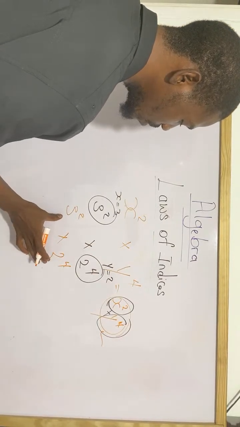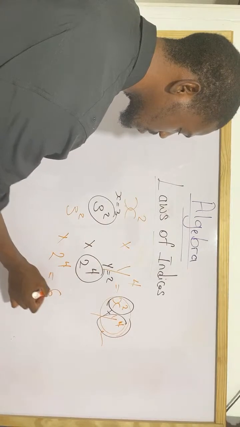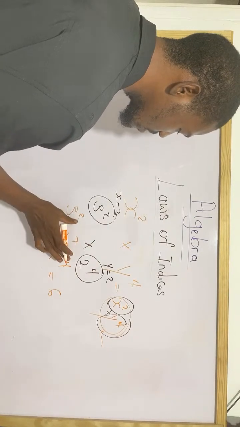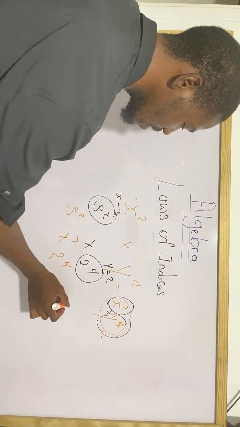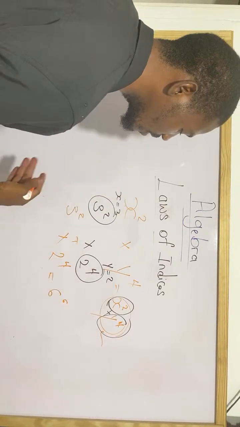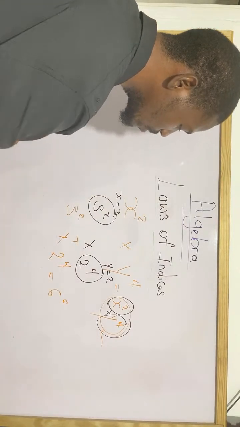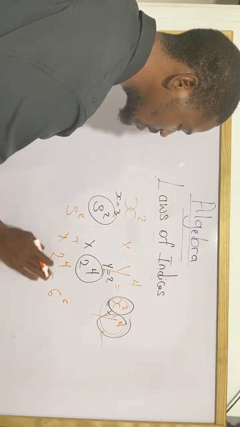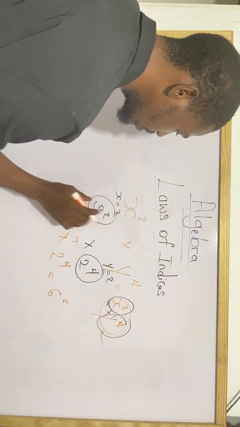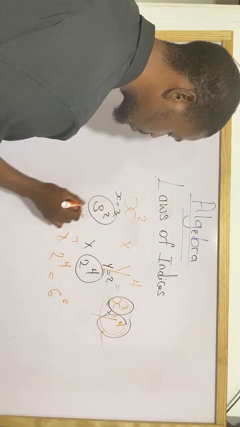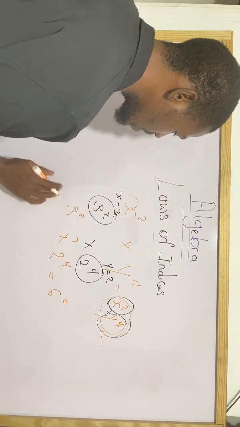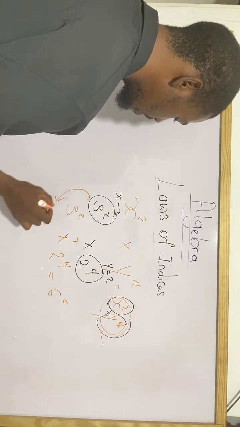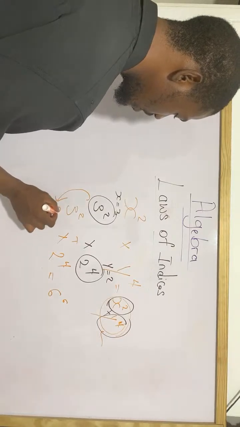If I were to say 3 times 2 equals 6, and then add the index, 2 plus 4 is 6. If you were to take out your calculators and try that, you will see that what you get is totally different from having 3 squared, which is 3 times 3, which is actually 9.